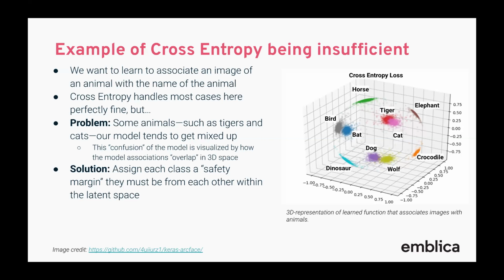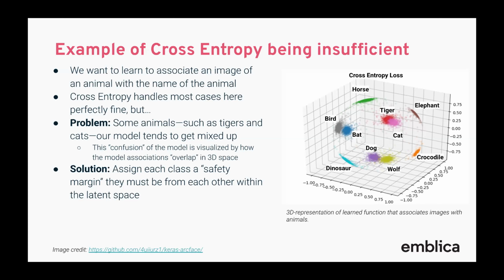The model thinks tigers are this red clump in this 3D space, and the cats are this pink cluster. And these two clusters are very close to each other, which means that when the model is predicting a picture of a tiger, it's quite likely that it will classify it as a cat instead, because these two clusters are so close to each other in the mathematical view of this problem.